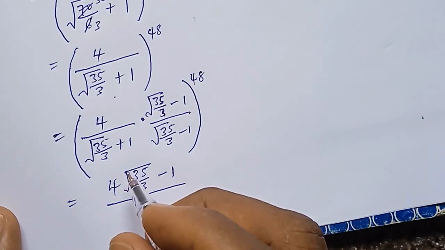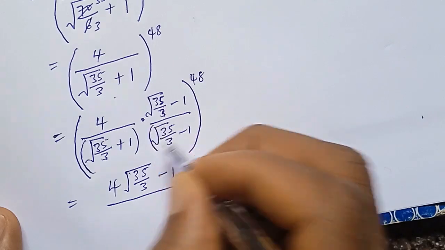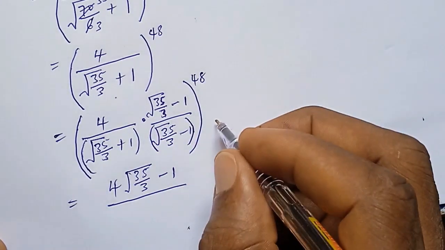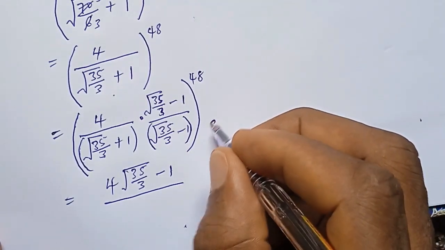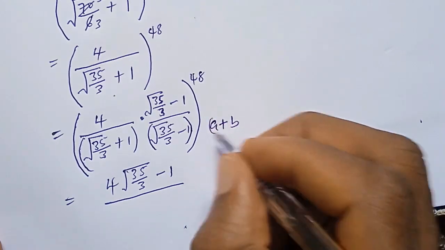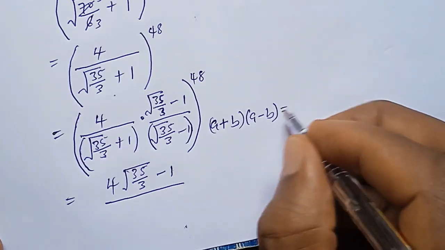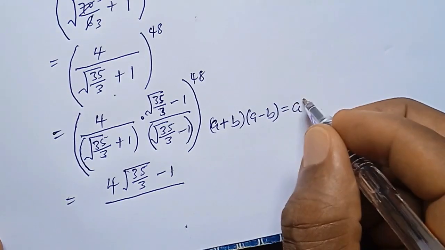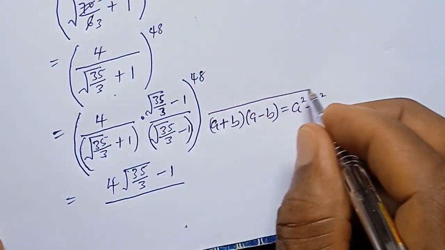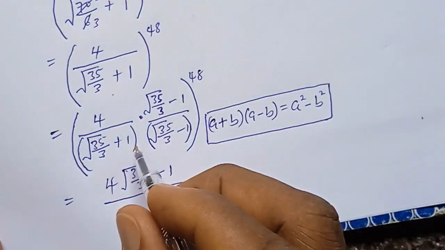Then for the denominator, we consider this approach. If we have an identity of this nature, a plus b into bracket a minus b can be expressed as a power 2 minus b power 2. So we are going to make use of this identity for the denominator.